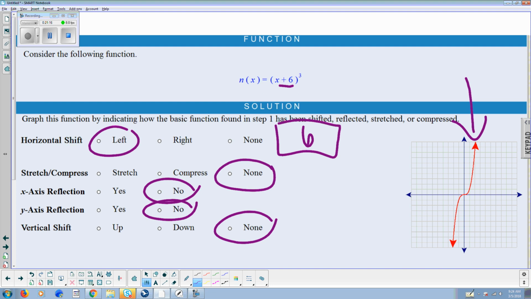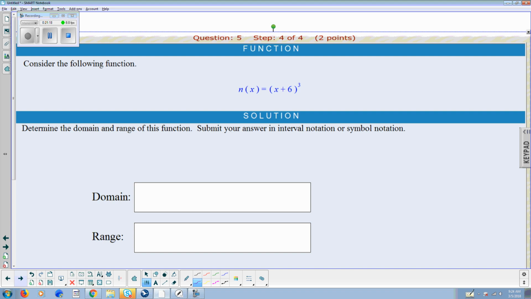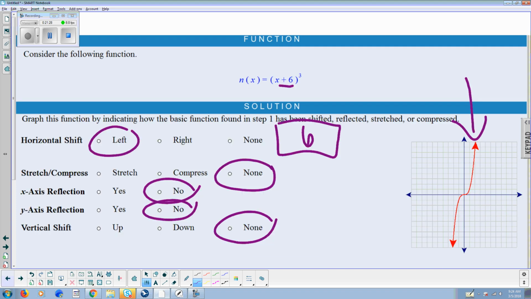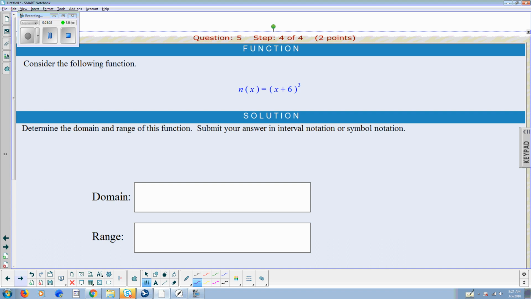Okay? Then you go on to the next part, and it asks us to state the domain and the range. It will allow you here to click on the previous answer, and it shows you a picture of the graph you chose. That's really helpful for domain and range, because I taught you guys to imagine for domain flattening it to the x-axis, and for range flattening it to the y-axis.